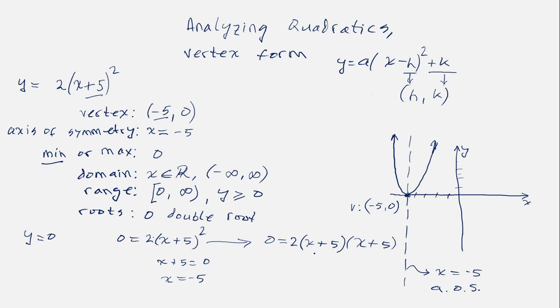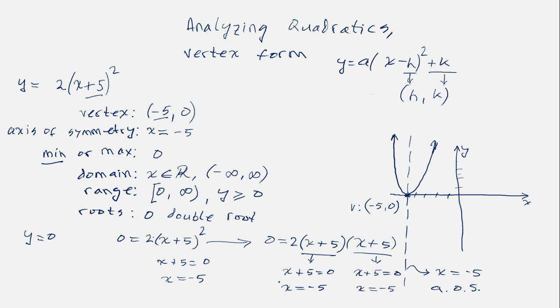Now to find zeros, we need to set each of these expressions equal to 0. So this one, x plus 5 equal to 0, we get that x is equal to negative 5. And if we set this one to 0, it's the same thing. X plus 5 equal to 0, therefore x is equal to negative 5.